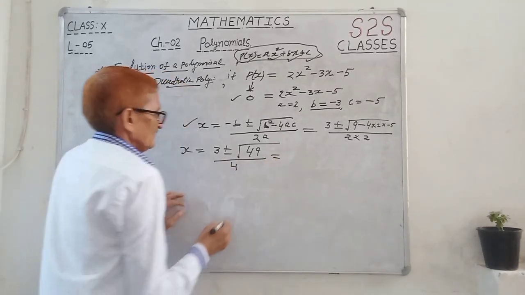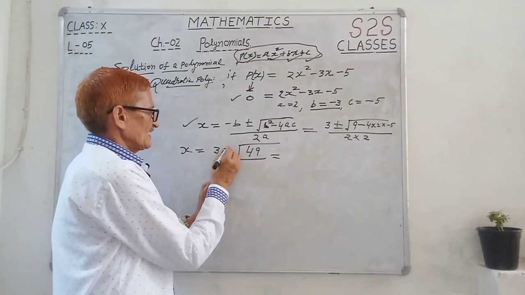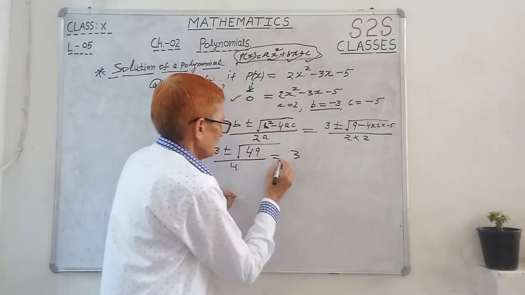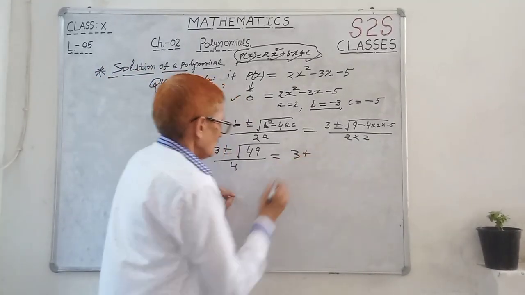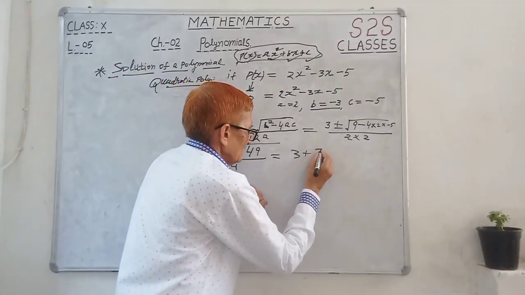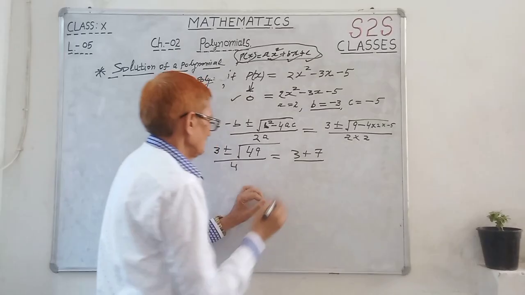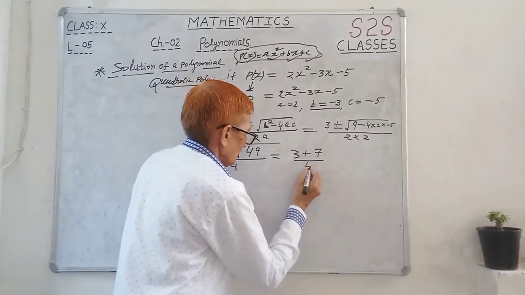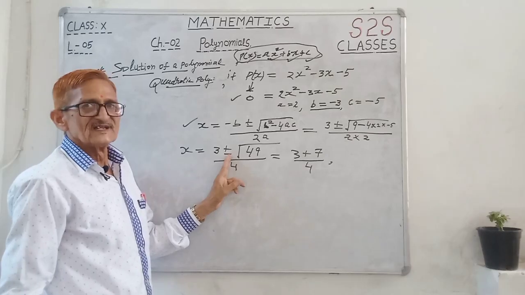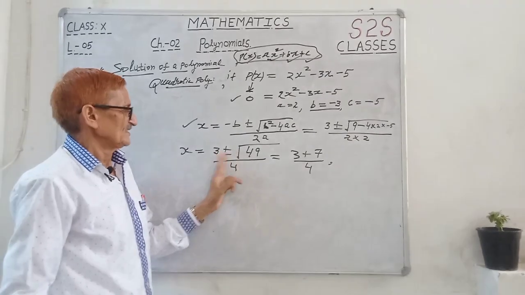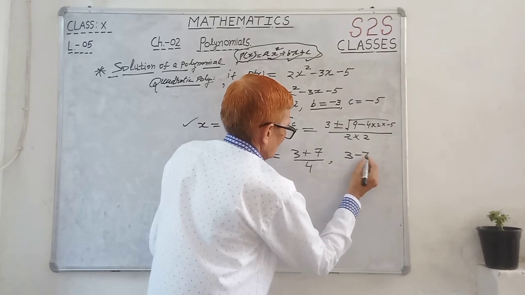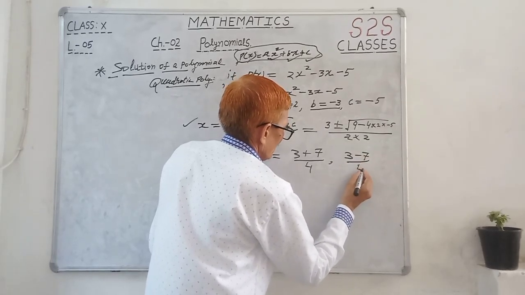Then these are two values, one with plus, the other with minus. So one is 3 plus root 49, which is 7, 7 sevens are 49, upon 4, comma, and with the minus sign, 3 minus 7 divided by 4.